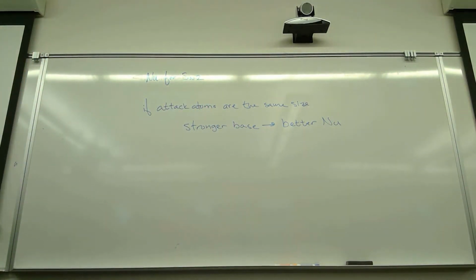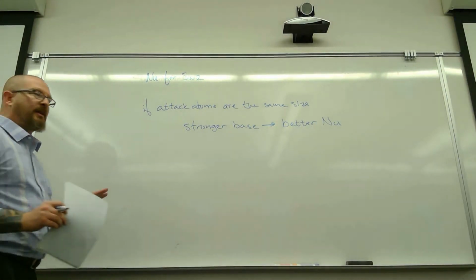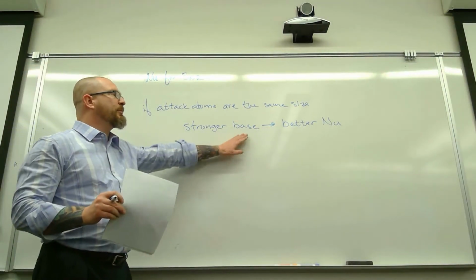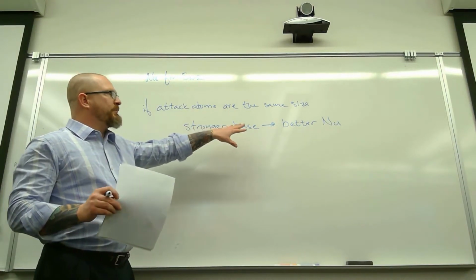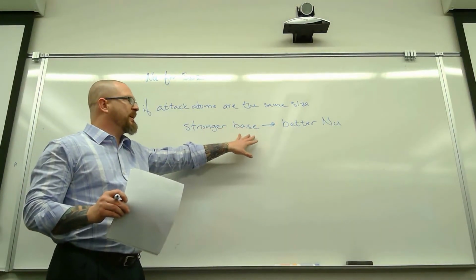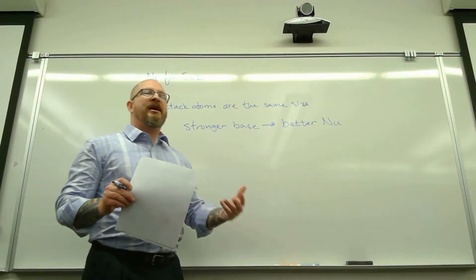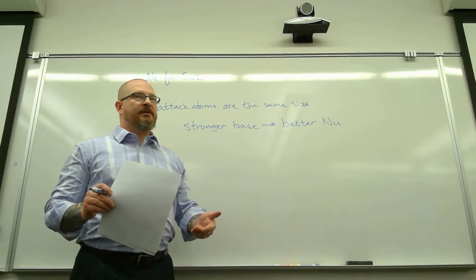There are exceptions to this, and we're going to talk about exceptions a little bit. But if something is a great base, it's going to tend to be a great nucleophile.